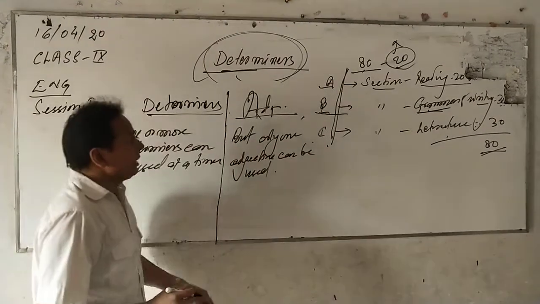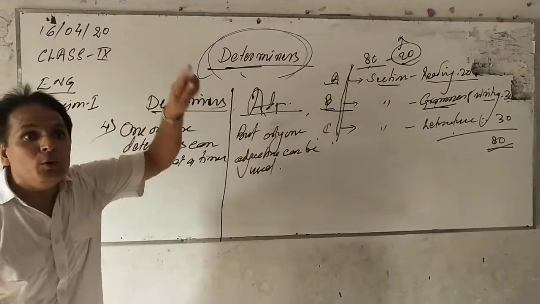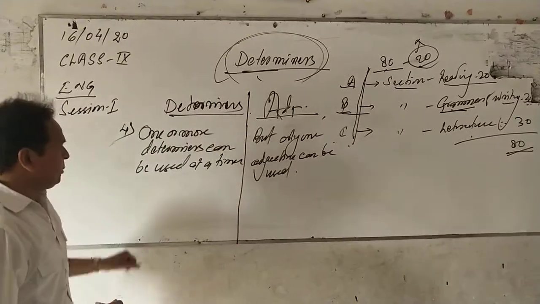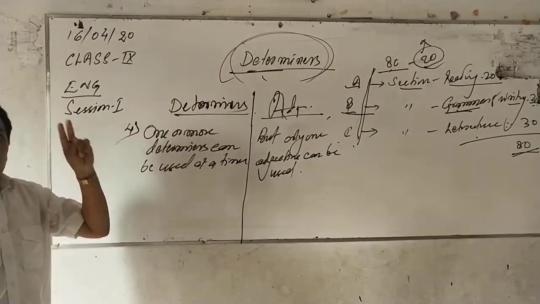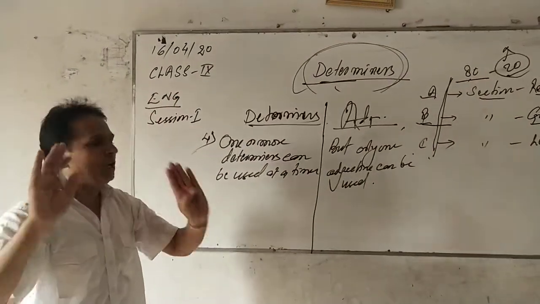That means an adjective cannot be used more than one at a time, but determiners can be used one or more in number at a time without the help of any connector or without the help of anything.